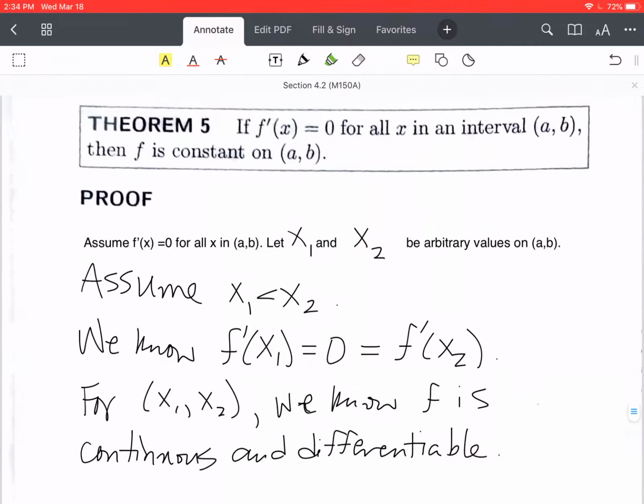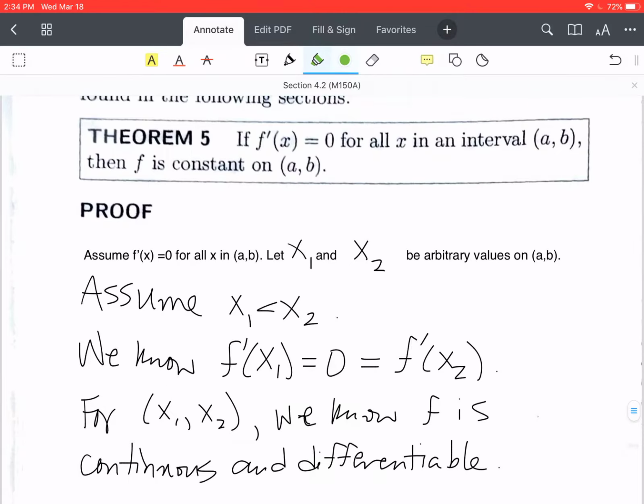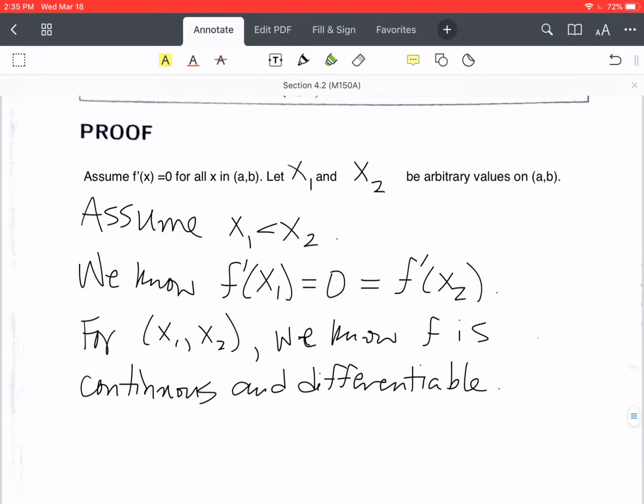The reason we know this is because of this initial statement. So we are assuming that f prime of x equals 0 for all x. Well, if f prime of x equals 0, that means that the original function had to exist at all those points, so it's continuous, and the derivative must exist at all those points because it's 0. So it's continuous and differentiable.